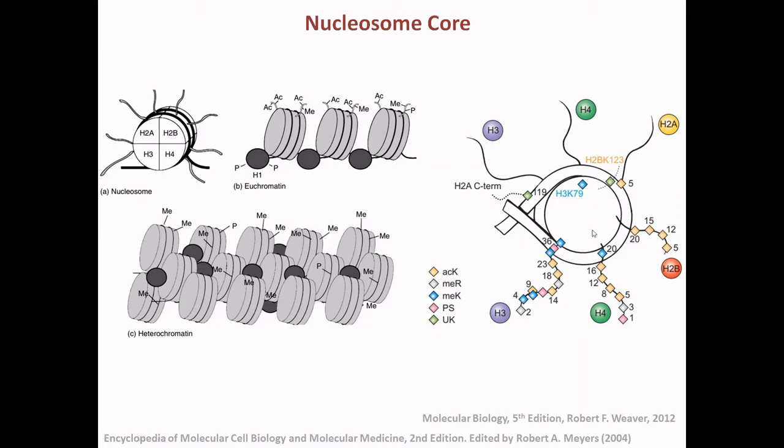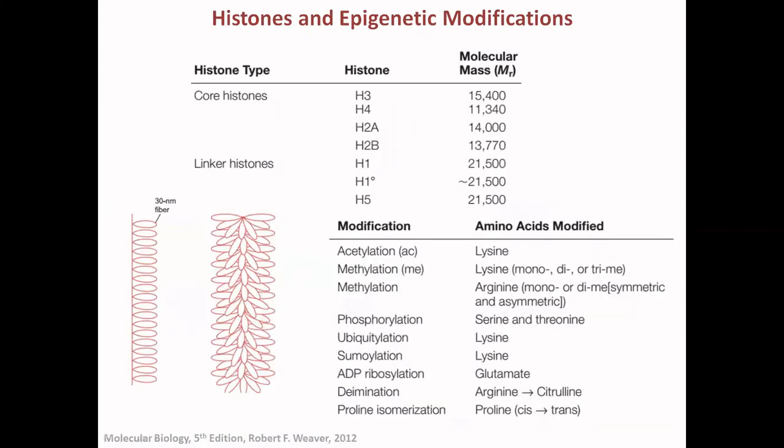This nucleosome further forms a helix, and this form of folded DNA is called a solenoid structure, or the 30 nanometer diameter organization of the chromosome. That we'll discuss in slightly more detail in the following slides. As we discussed earlier, the core histones are H3, H4, H2A, H2B, and the linker histone is H1. And there are 2 other types of linker histone, H1 and H5.